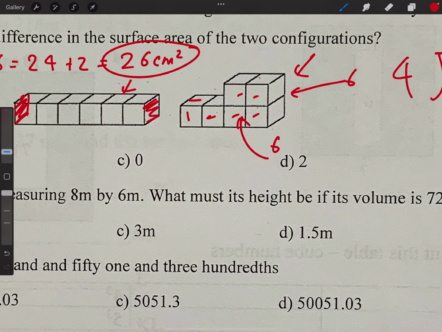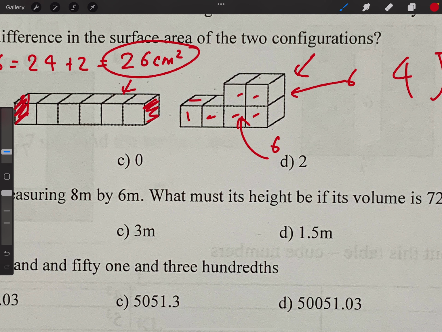Okay, there's that way that goes up, and then that way. So 1, 2, 3, 4, 5. So we got 6 plus 6 plus 5. Now let's look at the sides. We got this side is 1, this side is 2. So then on this side you have another 1, so it's 3. And then the bottom is going to be 1, 2, 3, 4.